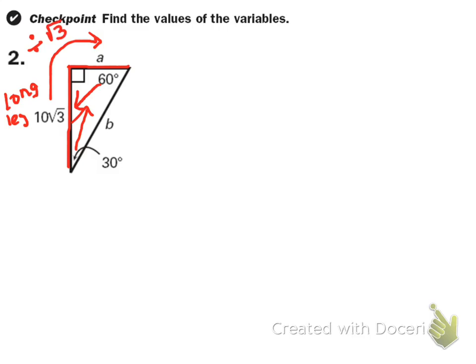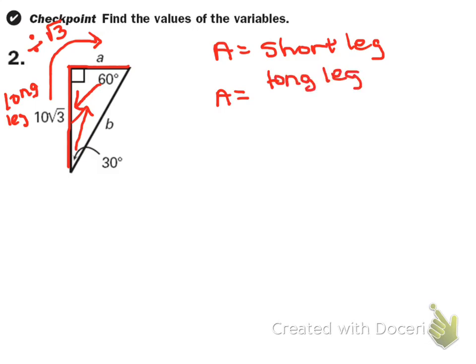So A is the short leg, and we know the short leg would be equal to the long leg divided by the square root of 3. Since the long leg is 10 square root of 3, we would divide that by the square root of 3.